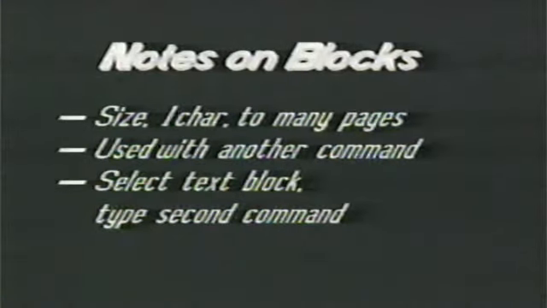Not very difficult. A text block can range in size from 1 character to several pages. The block command is always used with another command. It makes the text segment ready for the second command. So, for any block operation, first, select the text with the block command. Then, type the command which works on the block.